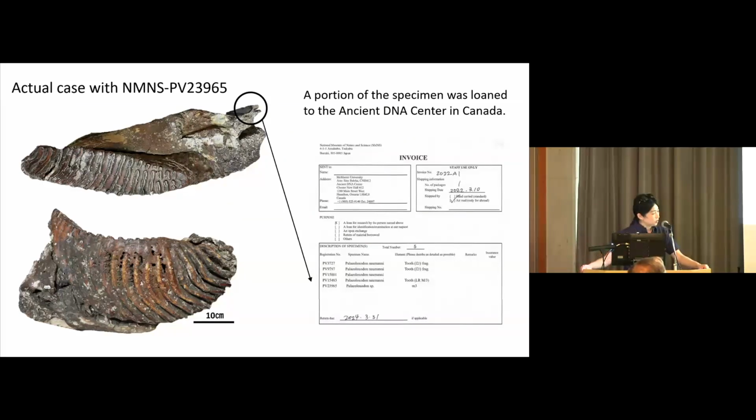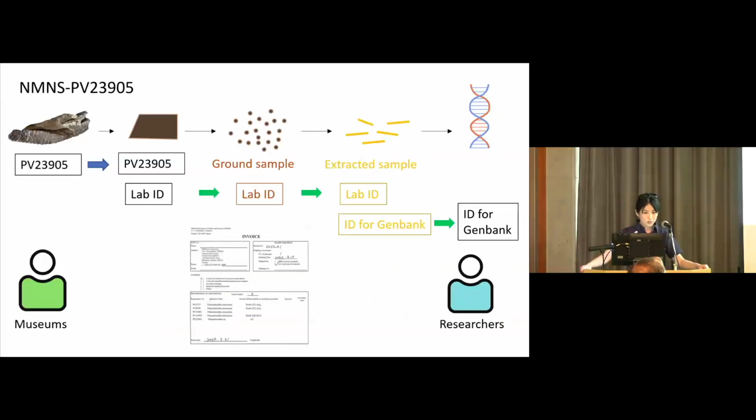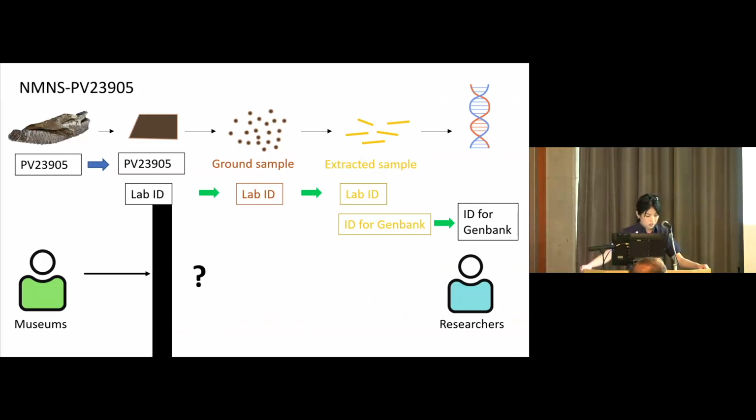I used a very typical loan format to loan those samples, not really giving the sample to them. The portion of PV23905 probably went through the same process I just explained, but still I haven't received any information since the specimens arrived at their lab. And there seems to be a glass wall on the museum side.